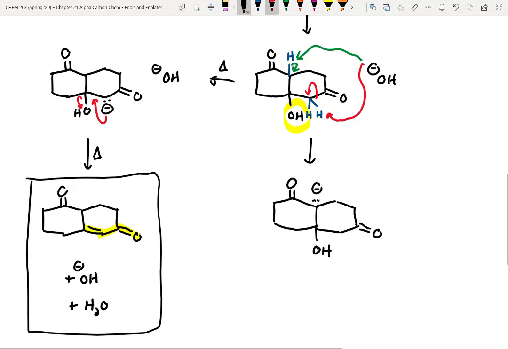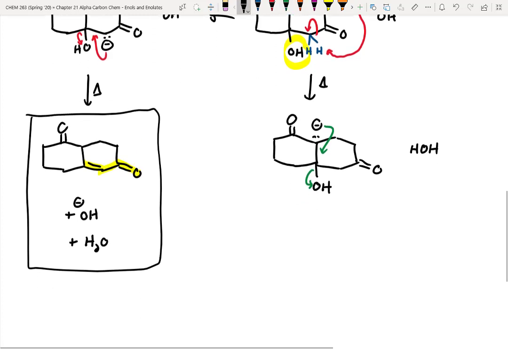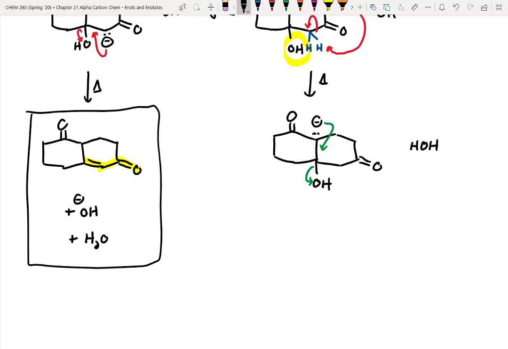We'd have hydroxide, and then we could say, well, if this is all done under high temperature, then couldn't this negative charge clamp down and kick off hydroxide this way? Well, let's take a look at this product. If we did that, we would still get an alpha-beta unsaturated system.